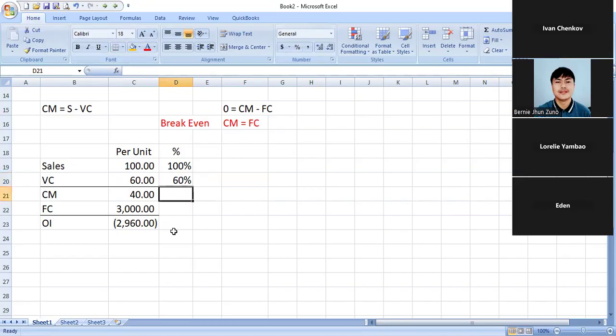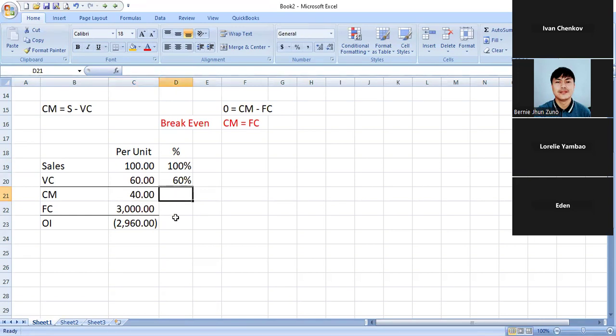What's left for the contribution margin? Well, if the sales are equal to the variable cost plus contribution margin, obviously those variable costs and contribution margin should give us 100%.